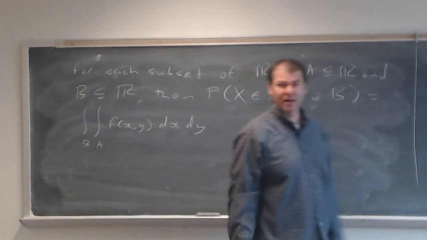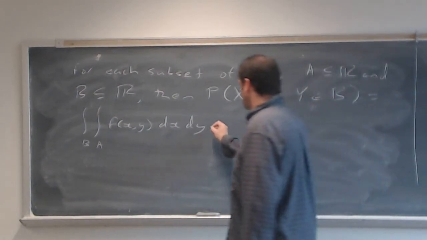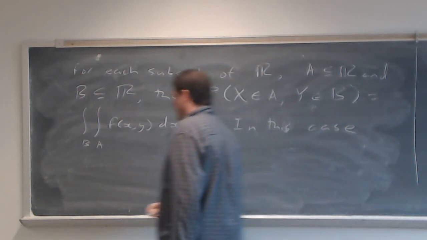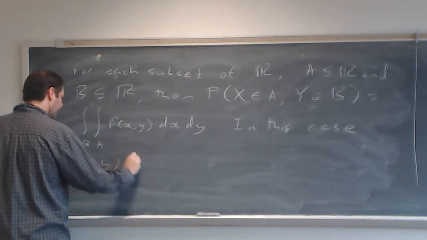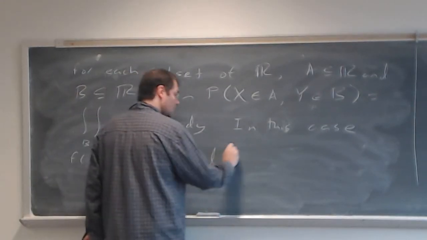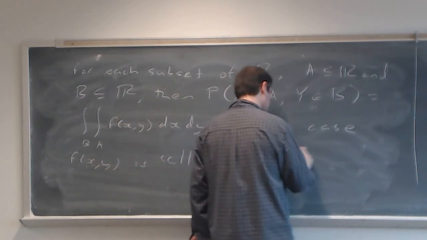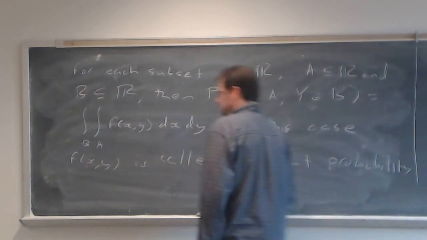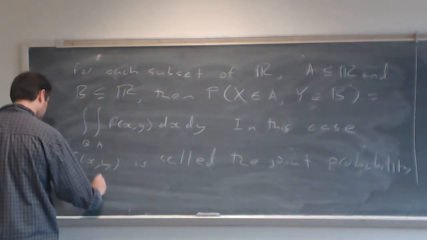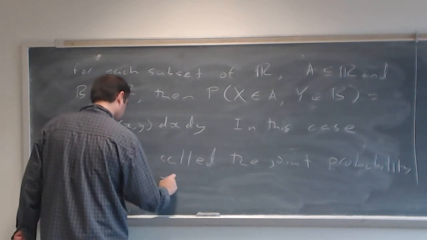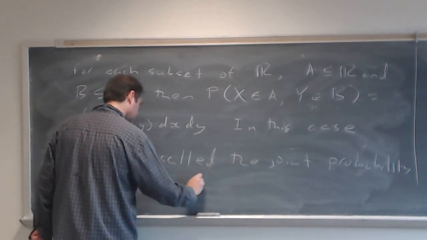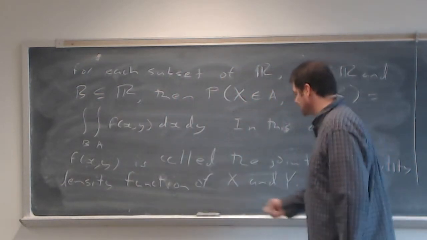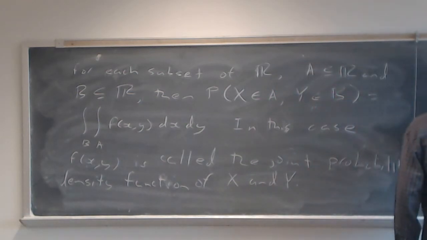So we're going to do the double integration here. In this case, f of x comma y is called the joint probability density function of x and y. That's what we have.